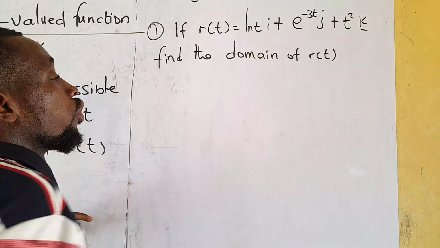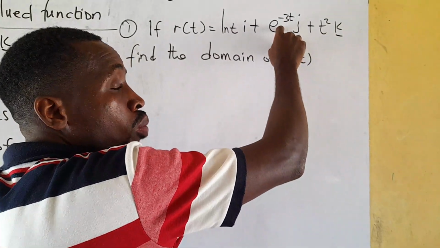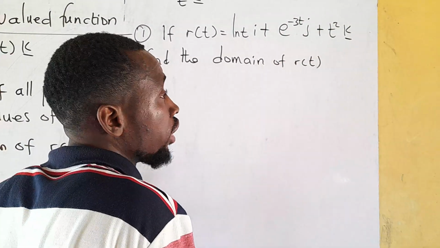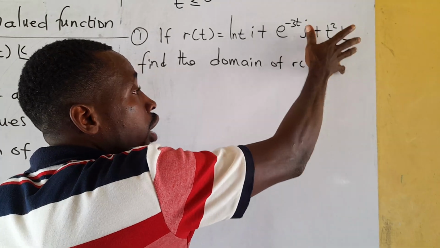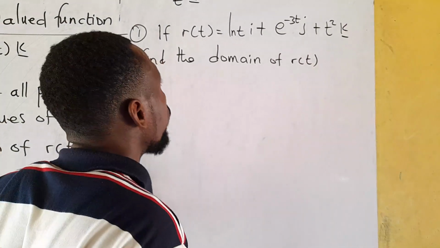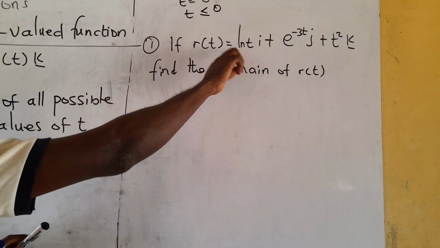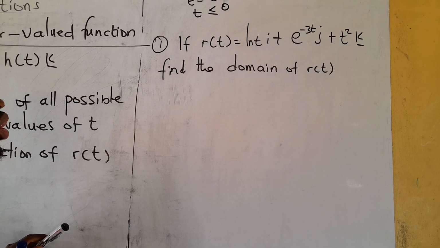For the exponential function, there are no such values. Positive, negative, and 0 will not make this function undefined. The same applies to the function t squared, there is no value of t that will make it undefined. So the values of t that make them undefined are when t is less than or equal to 0.